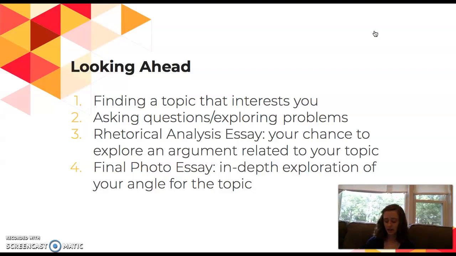So looking ahead, we're going to be dealing with finding a topic that interests you, asking questions, exploring problems, and then connecting this to your first project of the semester, which is your rhetorical analysis essay, where this is your chance to explore an argument related to your topic, and this is not necessarily the angle you're going to take in your final photo essay, but it is a chance for you to ask questions and explore some other people's angles of how to approach your topic.